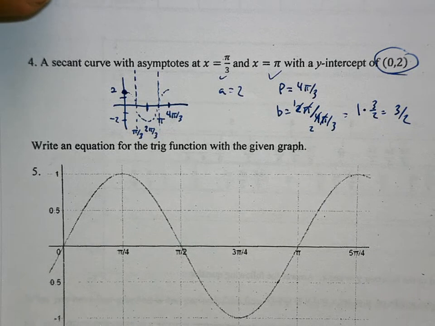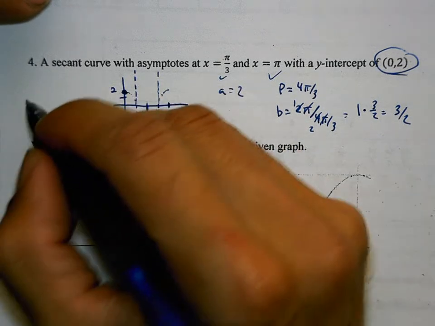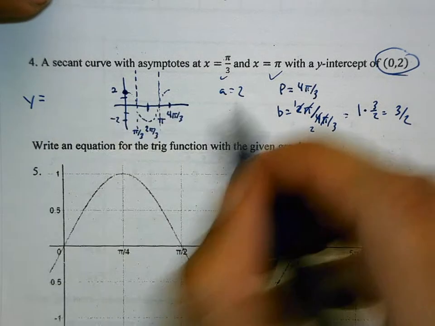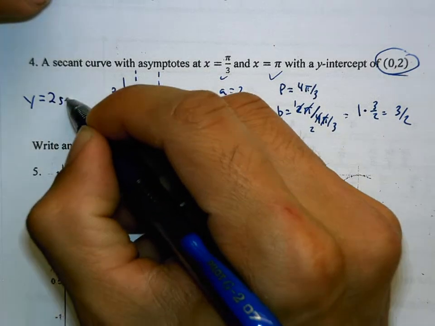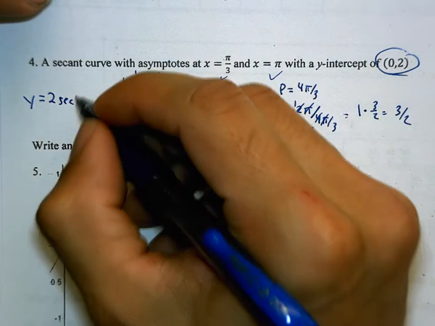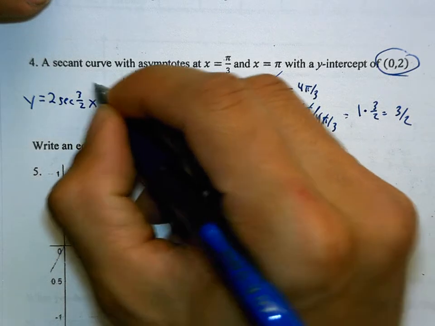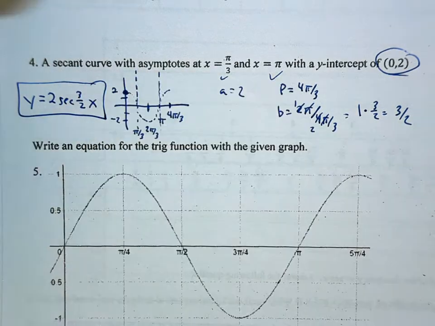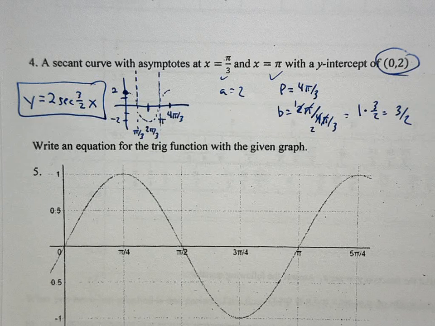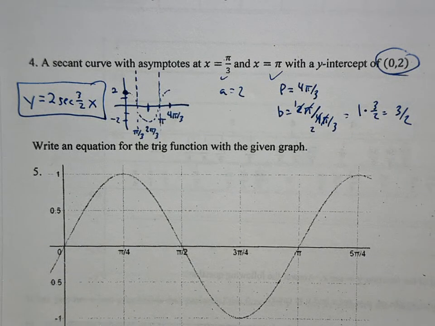My B must be 3 over 2. So that means my equation must be y equals my amplitude times the secant of 3/2 x. There's my answer.